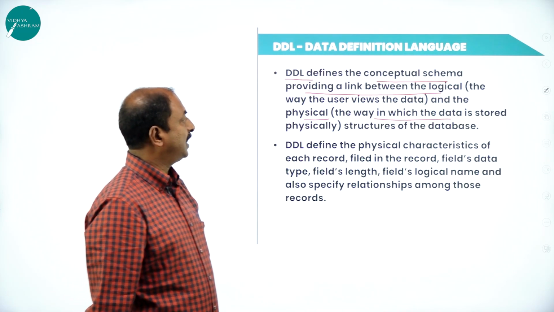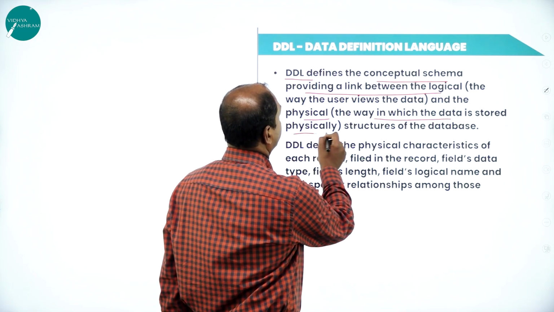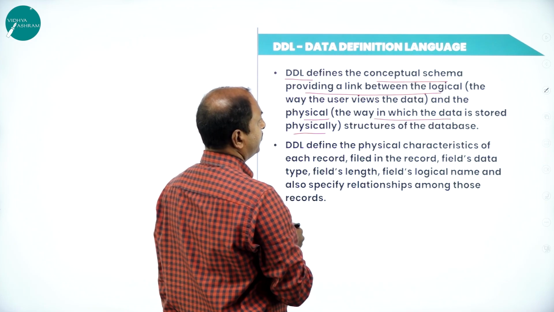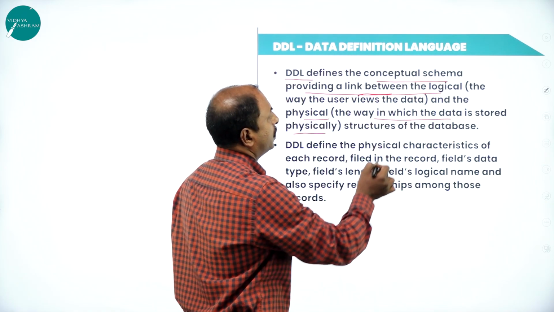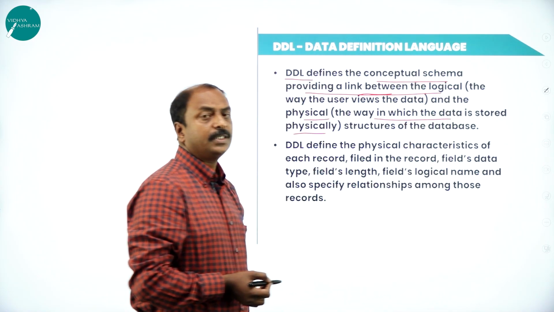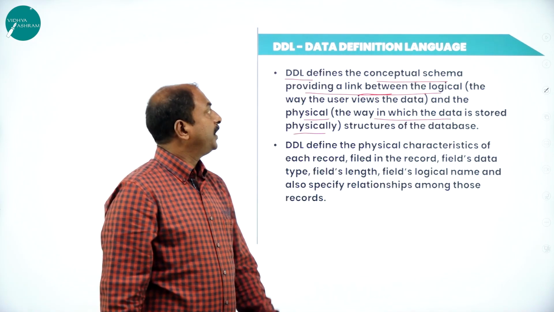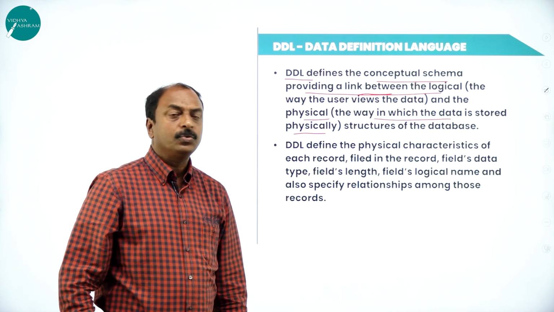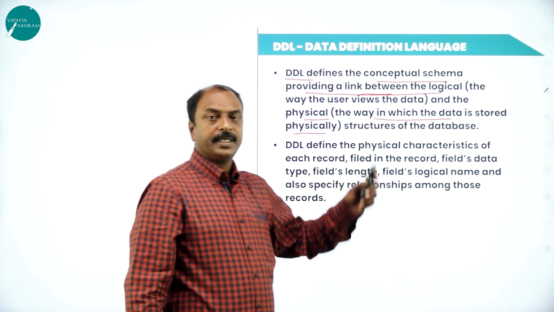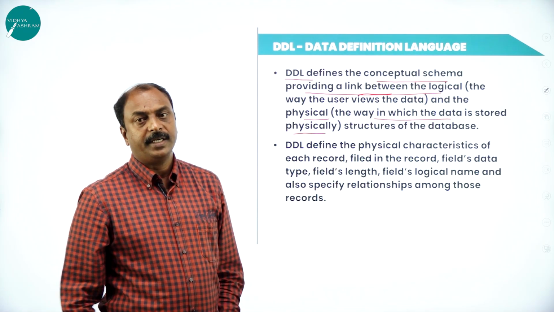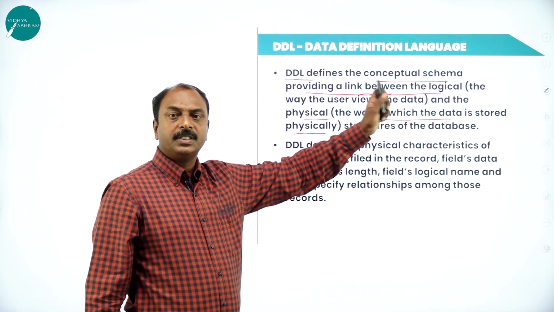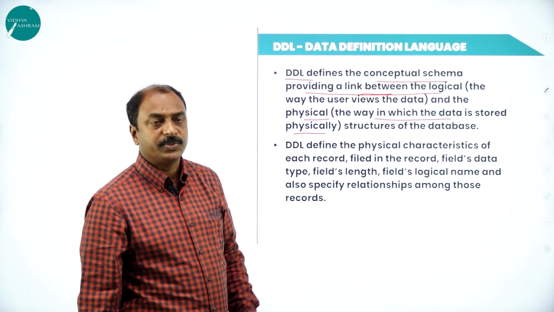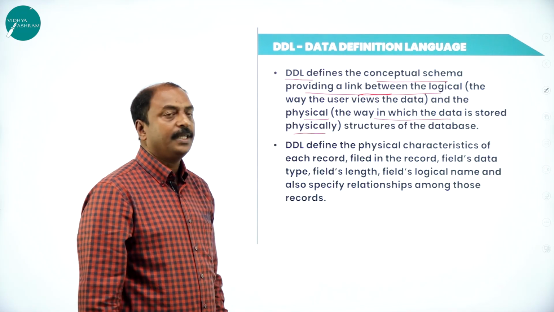Here, there are 2 concepts. One is the physical structure of the database. The second is the logical structure, or the views, of the database. So, the DDL command links the physical layer with the logical layer, that is, the physical structure with the logical view of the user. This is the definition of DDL.